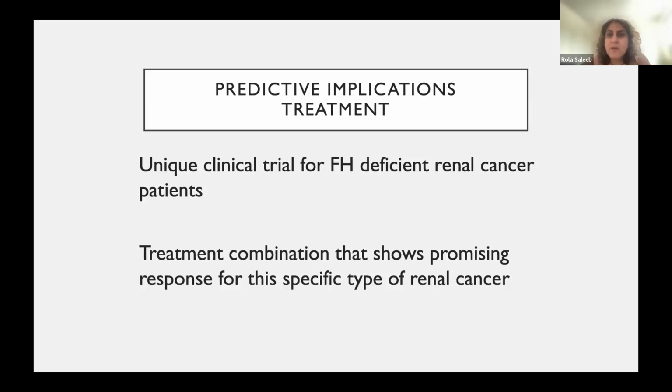There are specific clinical trials showing that a certain combination of drugs can work better with this type of cancer than another. So you have a lot of implications in a case like this. So molecular is very important in something like that, where there are implications to the patients, implications to the family, implications to the treatments.